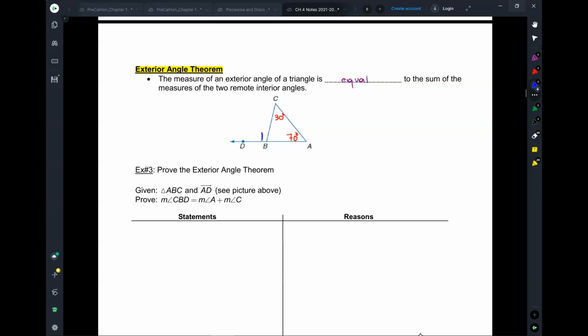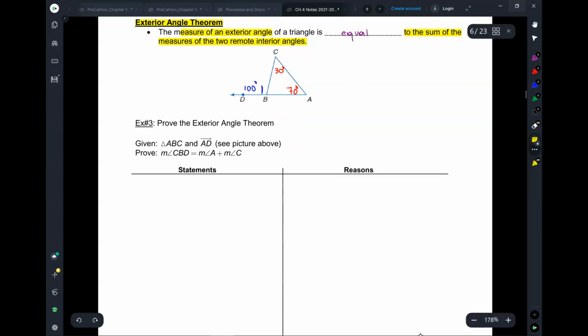So you add these up, what is it equal to? 100. So this is equal to 100 degrees. Okay? So the exterior angle is equal to the sum of the 2 remote interior angles.